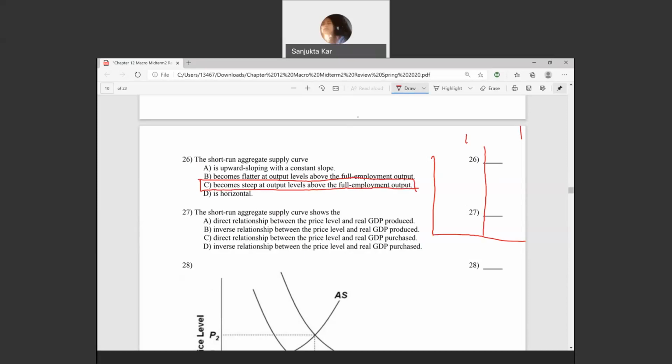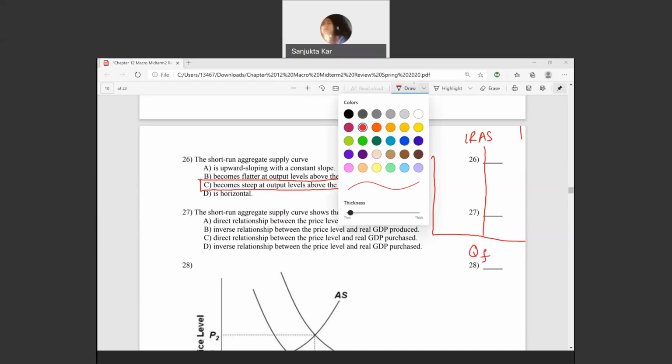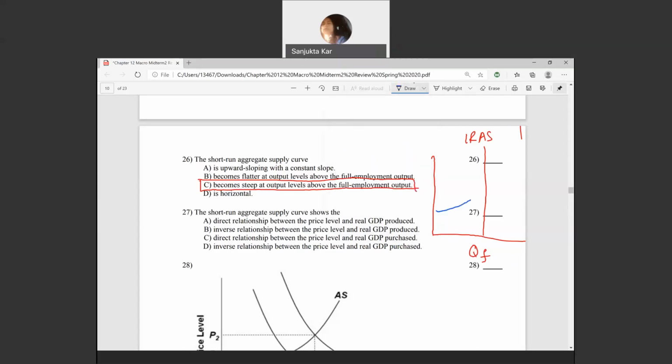This one is the long run aggregate supply curve. This one is the full employment output level. Now, this is my short run aggregate supply curve. It kind of becomes steep, like here, this part is becoming steep after we cross the full employment output level. Okay.